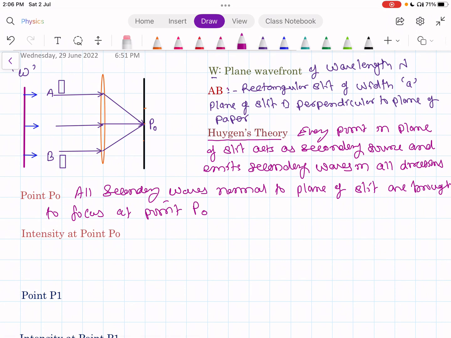So all secondary waves which are reaching at point P naught are traveling same distance.